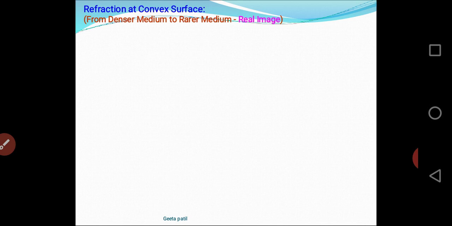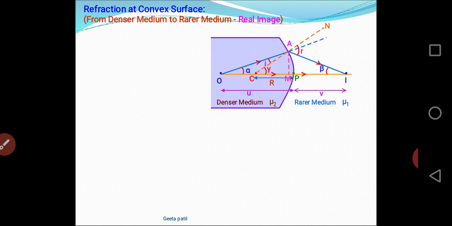Now we'll see the real image formation due to refraction at a convex surface when the light is passing from denser medium to rarer medium. This diagram indicates that the object is placed in the denser medium and the image is formed in the rarer medium. u and v are the object distance and image distance respectively, where mu1 and mu2 are the refractive indices of rarer and denser medium respectively.